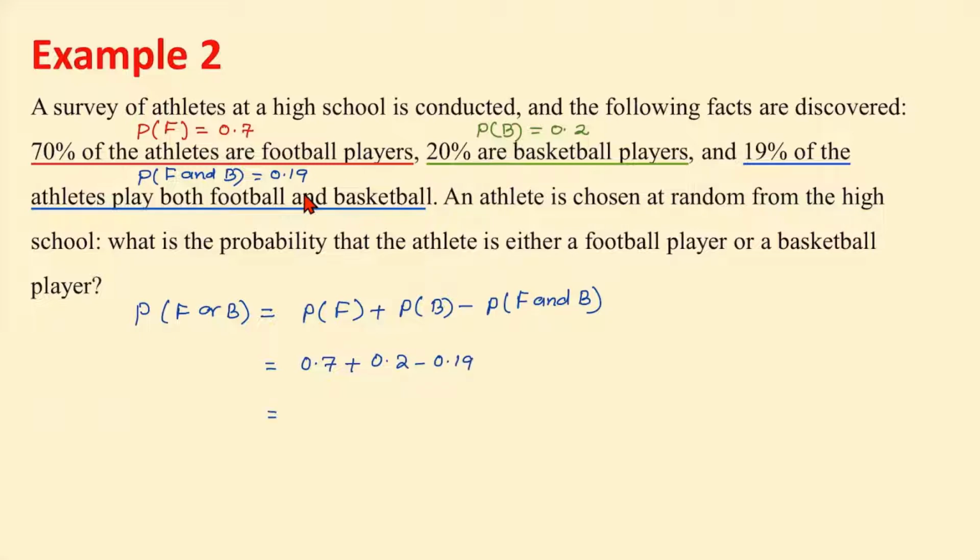So now if we simplify this, 0.7 plus 0.2 is 0.9, minus 0.19 will be 0.71. So the probability that they play football or basketball is 0.71. That is the end of example 2.